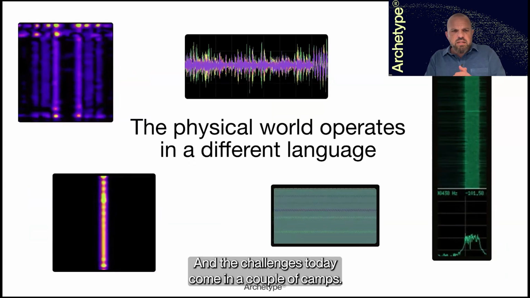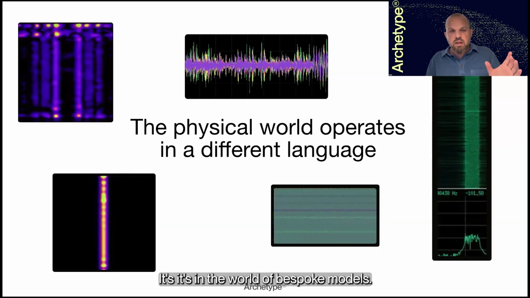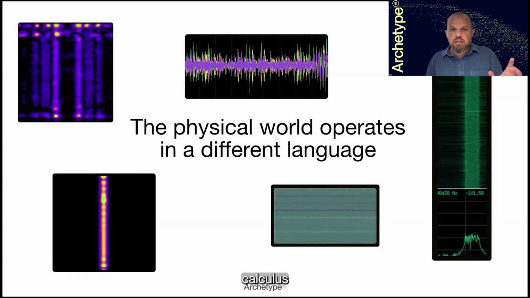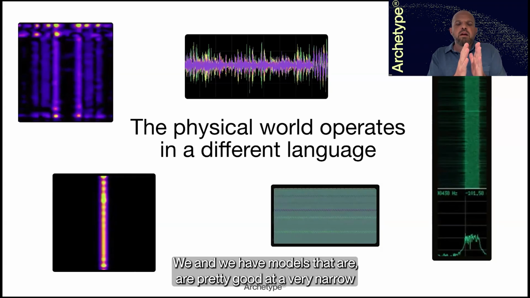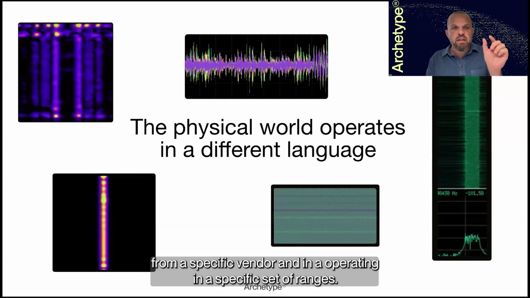The challenges today come in a couple of camps. If you look at where industrial sensing is today, it's in the world of bespoke models. We're using a lot of traditional analytics, calculus, and machine learning, where we're trained in a very narrow domain. We have models that are pretty good at a very narrow task with a very well-defined sensor, from a specific vendor, and operating in a specific set of ranges.